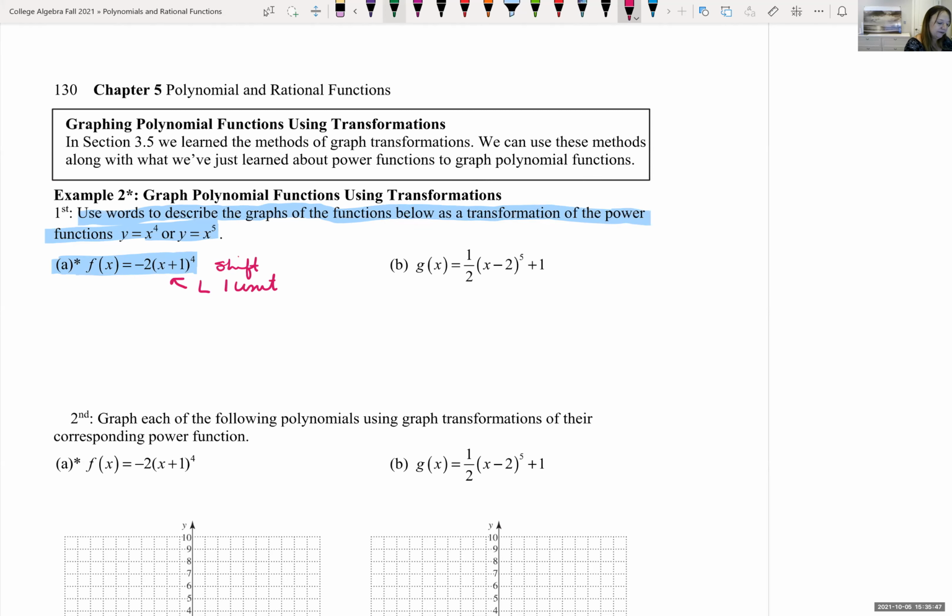This negative, I'll think of it as a negative times x to the 4th. So a negative is changing my y value, and changing my y value is going to be a reflection across the x-axis.